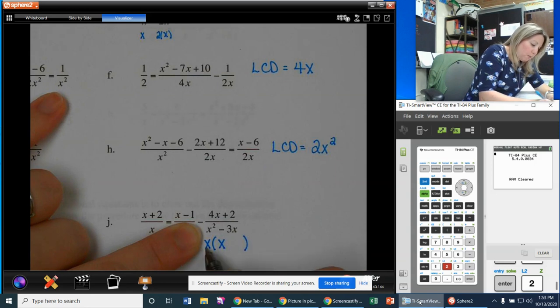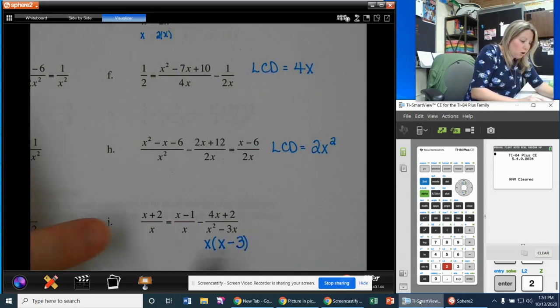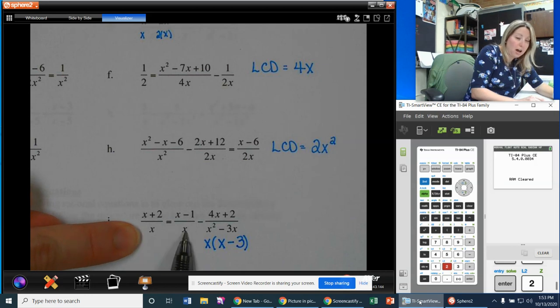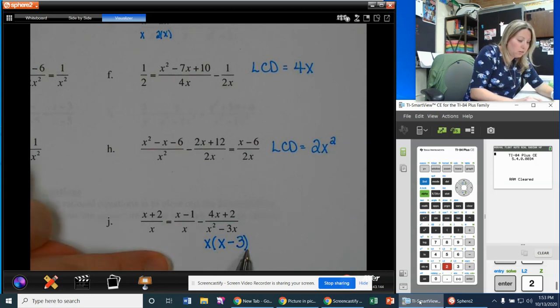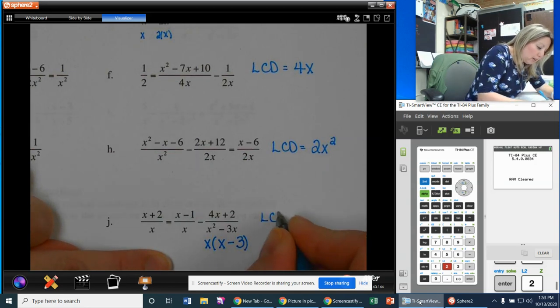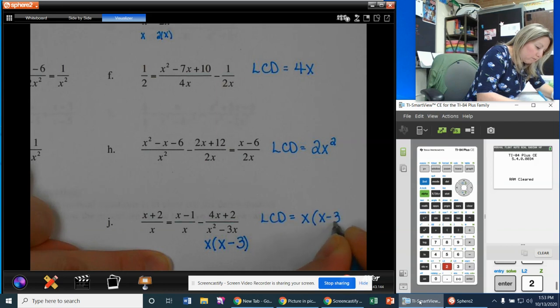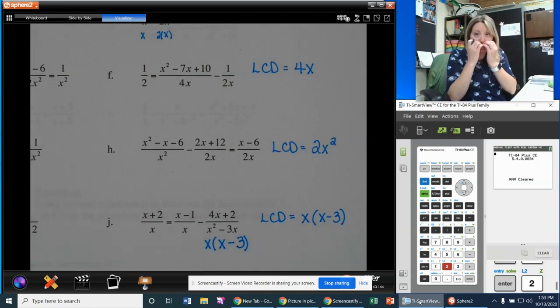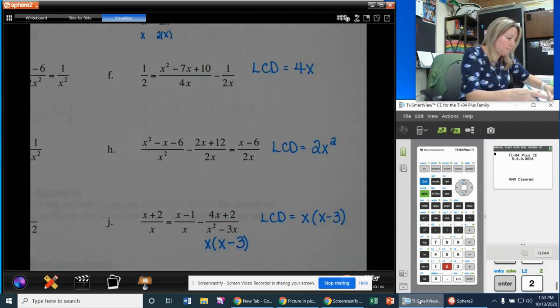Negative 3x divided by x is negative 3 or minus 3. Now look at each of those terms. What would I have to multiply these by so it would be exactly the same as this? An x minus 3. When I've got pieces like this, I literally just write them like this as my LCD. Okay, so when I've got pieces like that, that's what I write as my LCD.